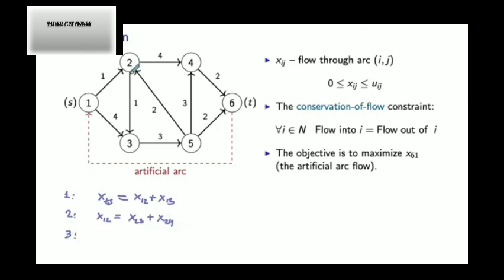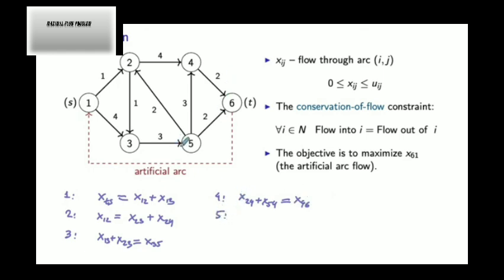Our third conservation of flow constraint is, we receive 2 and we send 1. So x13 plus x23 is equal to x35. Our fourth conservation of flow constraint is, we receive 2 and we send 4 to 6. So x24 plus x54 equals x46.